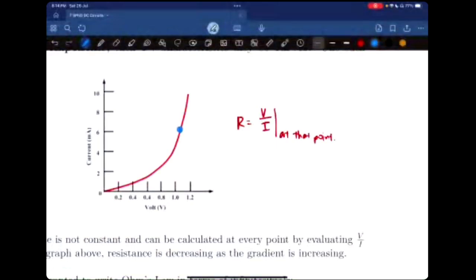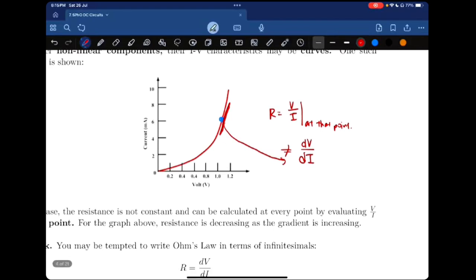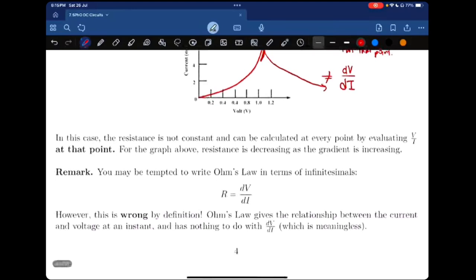And this is clearly not seen as dV over dI, because dV over dI is clearly not V over I. So you need to be a bit careful about this. Writing Ohm's law like this in terms of infinitesimals is wrong by definition. dV over dI is meaningless.